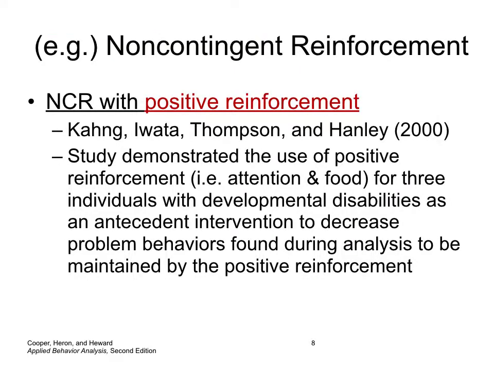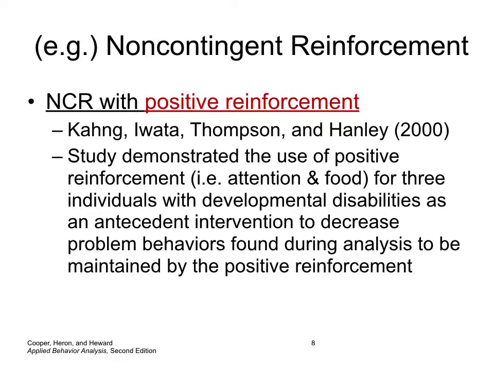Let's take a look at the example. These researchers provided an excellent example of applying NCR with positive reinforcement. From a functional analysis, the researchers figured out that social positive reinforcement maintained self-injurious behavior or aggression in 3 adults with developmental disabilities.